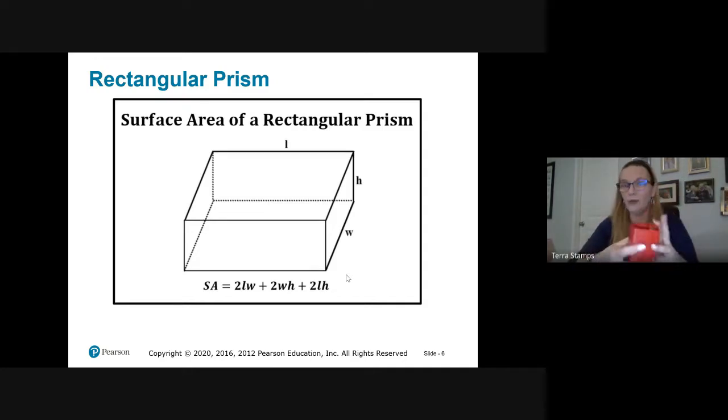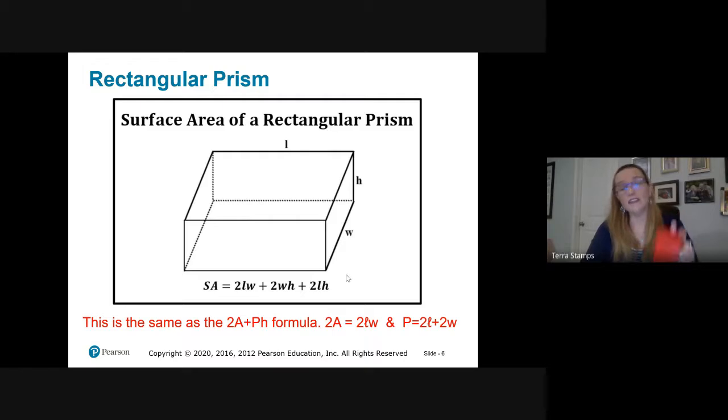Really, we have the 2 bases, these 2 sides, and these 2 sides. So we have 6 total sides, and the opposite sides are congruent. So we have the 2LW, that's the top and the bottom. The 2WH are the sides. The 2LH are the front and the back.